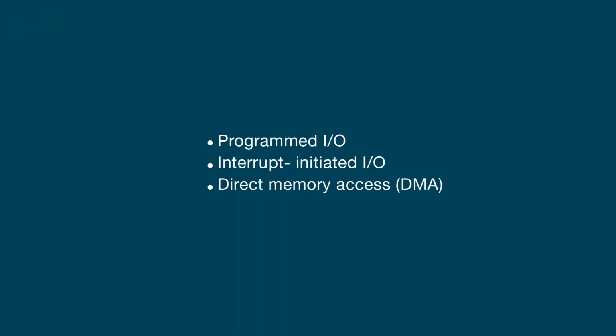Data transfer between CPU and the I/O devices may be done in different modes. Data transfer to and from the peripherals may be done in any of the 3 possible ways: programmed I/O, interrupt initiated I/O and direct memory access or DMA.